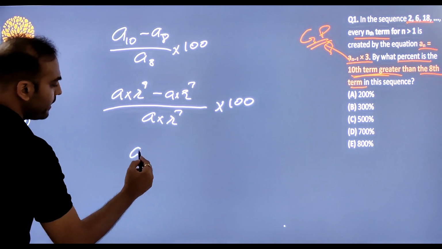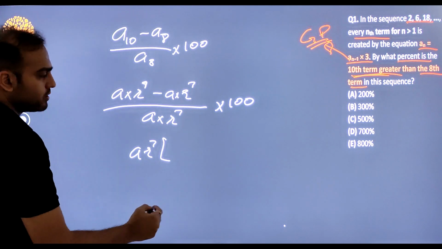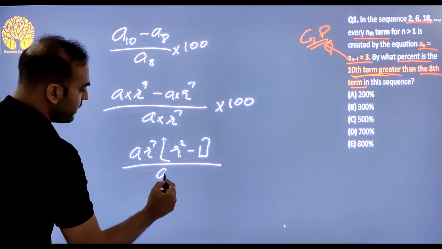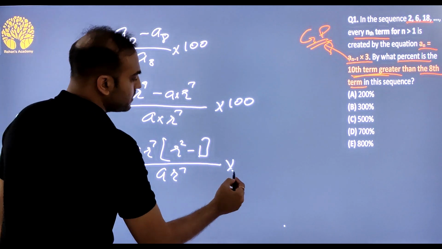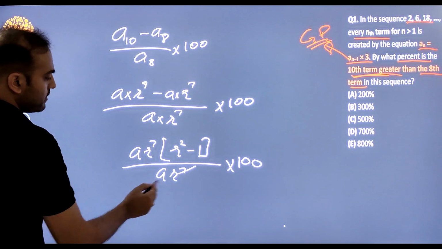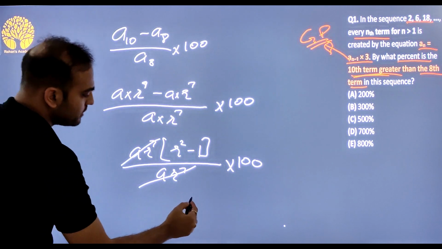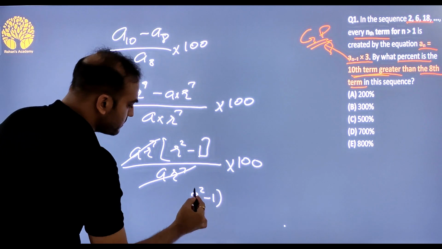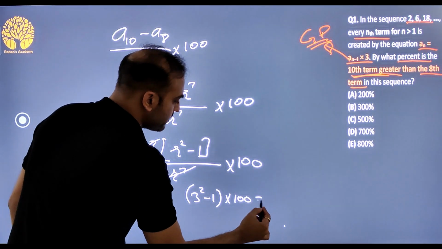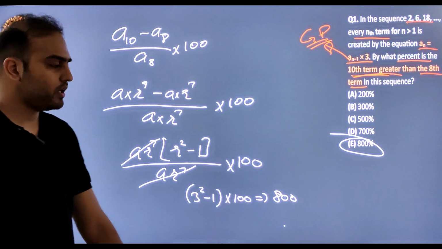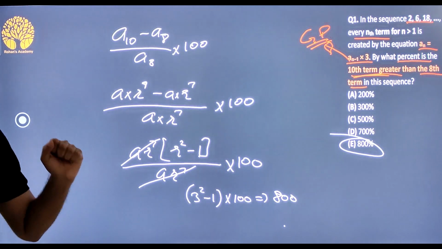You can take A into R power 7 common: R square minus 1, by A into R power 7, times 100. This cancels out. Now you can plug in. What is R here? 3. So (3 square minus 1) times 100. That's 800. Okay, so this is how you can do it by using the formula.